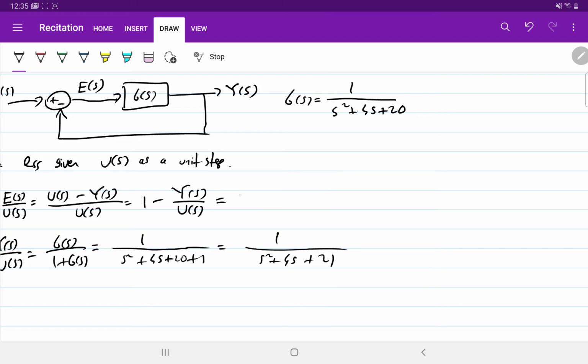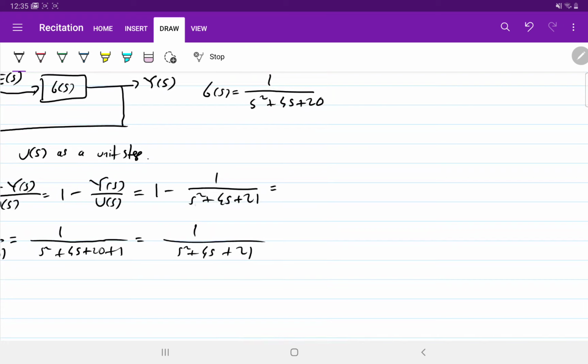Then here we can substitute 1 minus 1 over s squared plus 4s plus 21. So 1 is s squared plus 4s plus 21 over s squared plus 4s plus 21, minus 1. So we have s squared plus 4s plus 20 over s squared plus 4s plus 21, right?